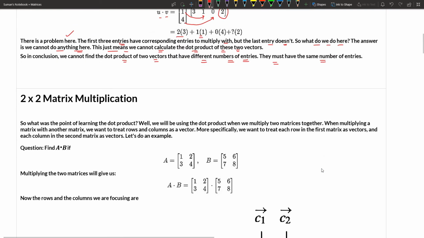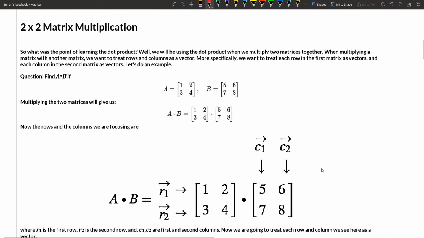So why is the dot product necessary for matrix multiplication? Let us take matrix multiplication with two matrices of order 2 cross 2. What was the point of learning the dot product? Well, we will be using the dot product when we multiply two matrices together.